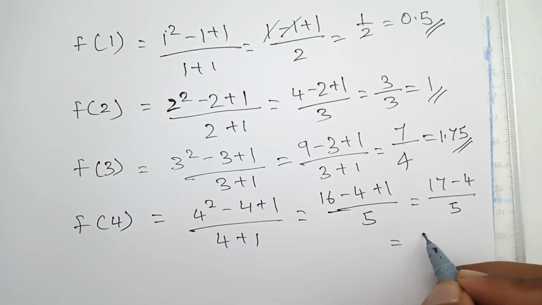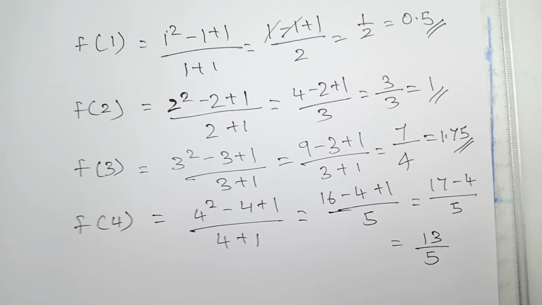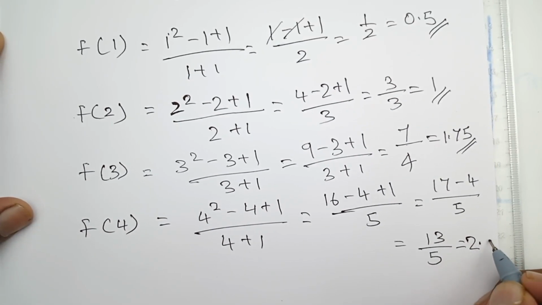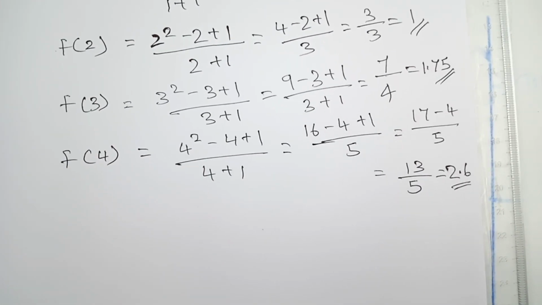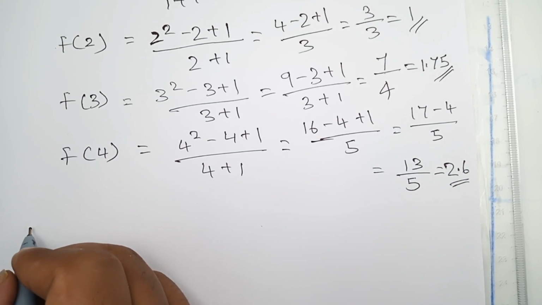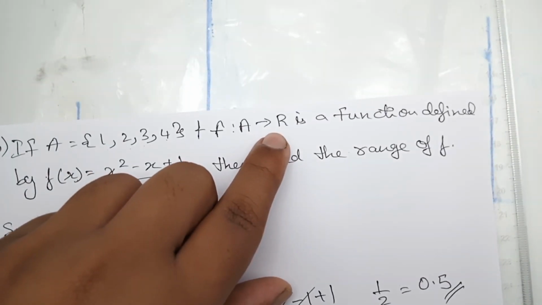The answer is 13 by 5. 13 by 5 is nothing but 2.6. Now we have got the codomain, that is B. No, that is R. In the question R is mentioned, so it is R.